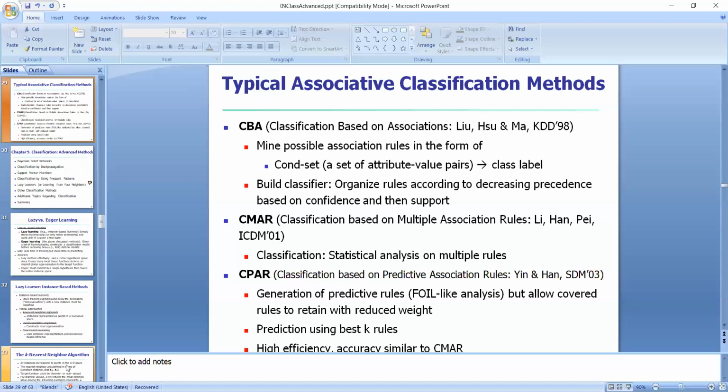The second one that we have seen is classification based on association rules. In this, first we need to find the frequent item sets. To find frequent item sets, we can make use of any algorithm. CBA mainly makes use of multiple pass algorithms like Apriori. CMAR and CPAR make use of FP growth methods, where we can avoid multiple passes.